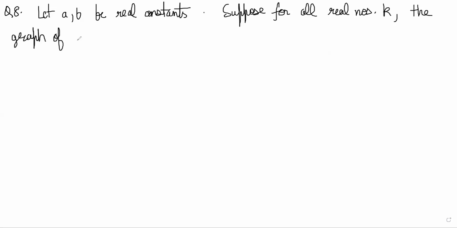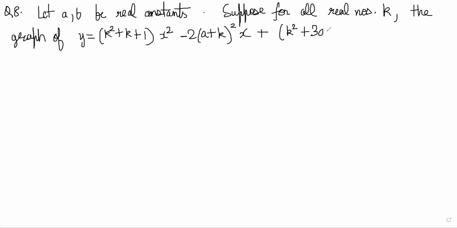Suppose for all real numbers k, the graph of y equals k square plus k plus 1 times x square, minus twice of a plus k whole square times x, plus k square plus 3ak plus b, always passes through A, which is (1, 0).